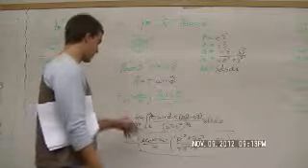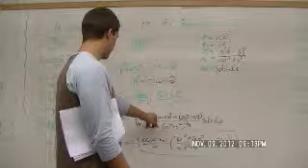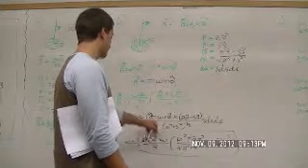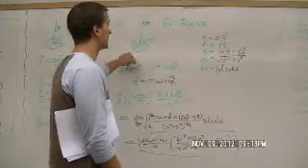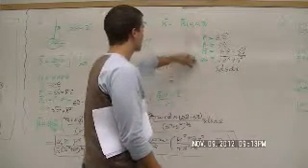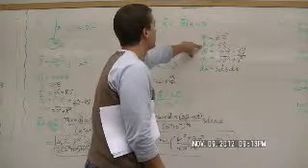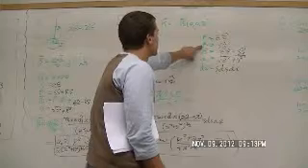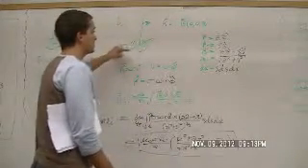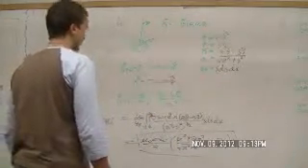So plugging everything in, you end up with mu naught over 4 pi times the double integral from 0 to 2 pi, and from 0 to big R because it's still on a radius big R. All of these are the same with the exception that vector r prime is s s hat because the radius varies, and that affects these accordingly, and the area element is s ds d phi.